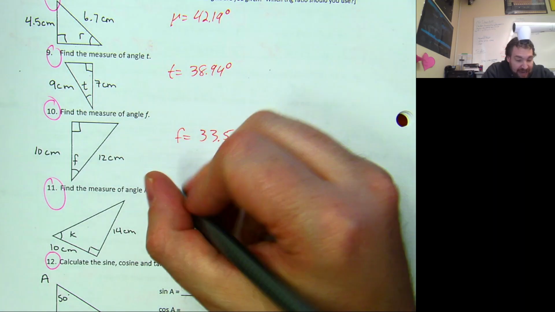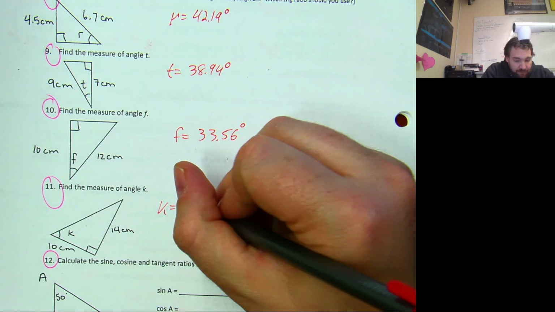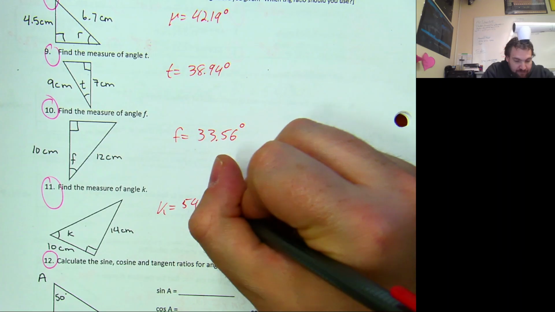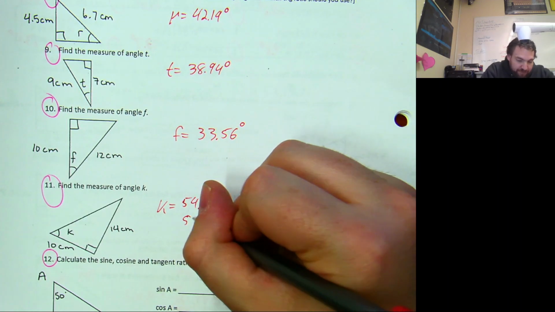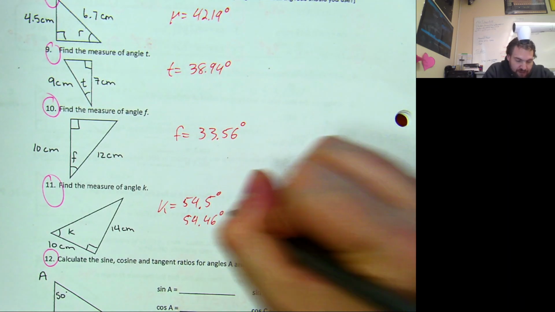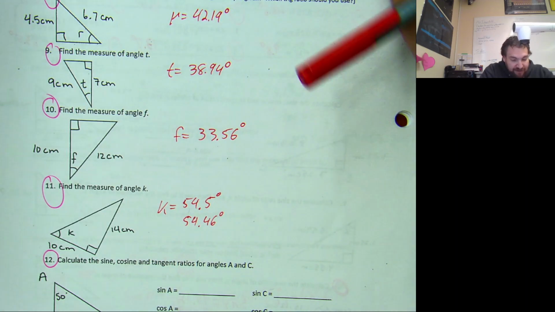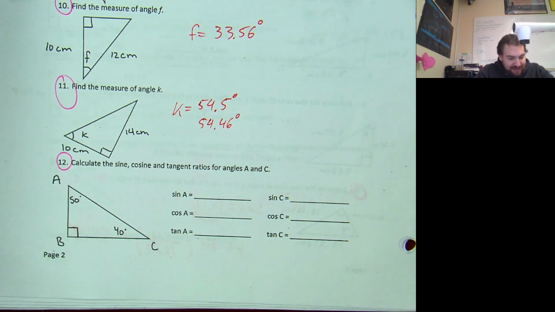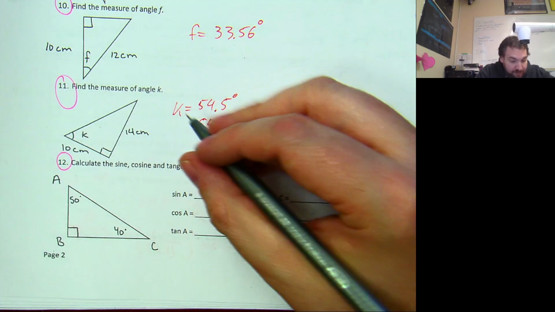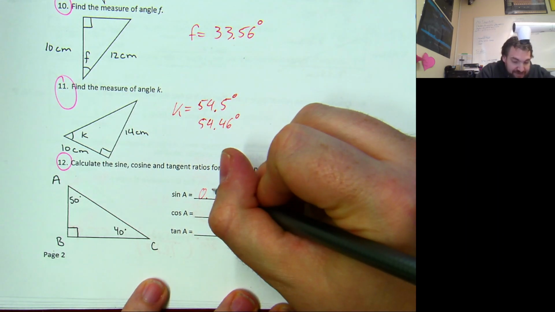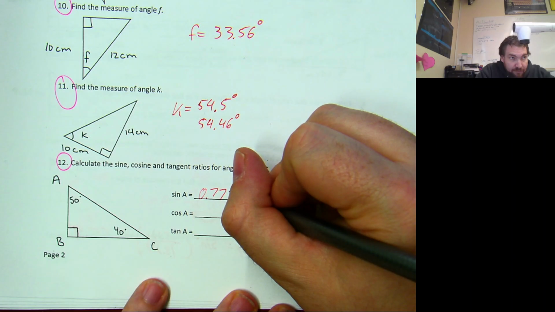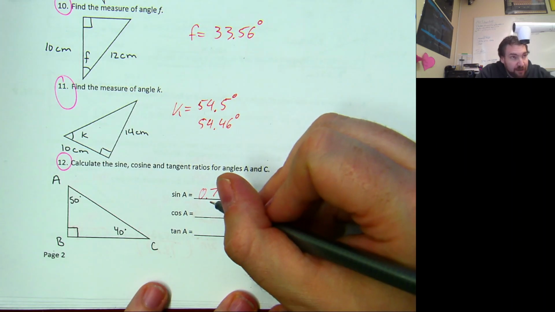11, angle K is how big? 54.5. Or 54.46. Okay. And then 12, calculating the sine, cos, and tan for angles A and C. Sine of A is 0.77. Cos A?